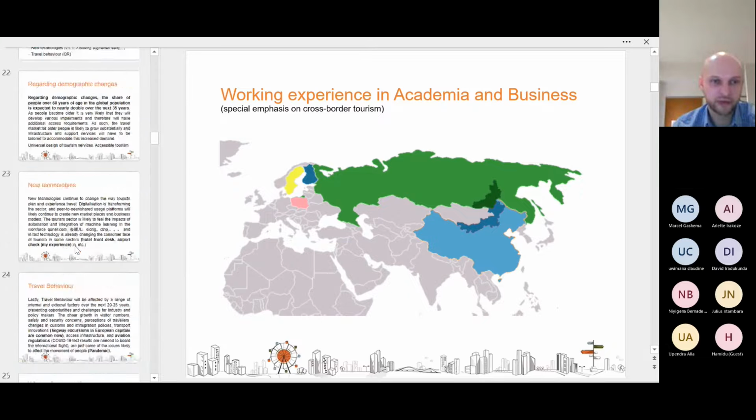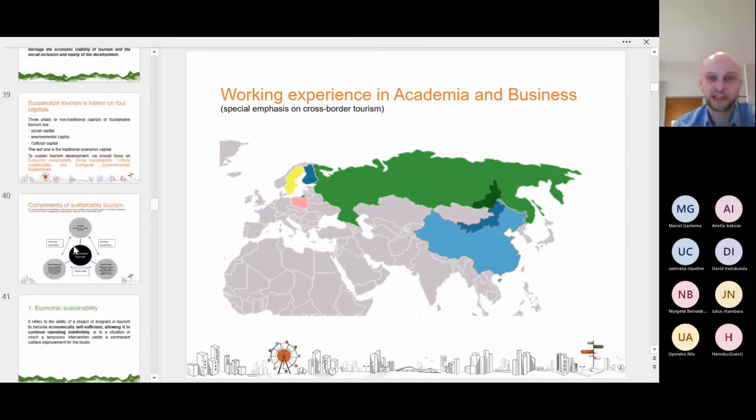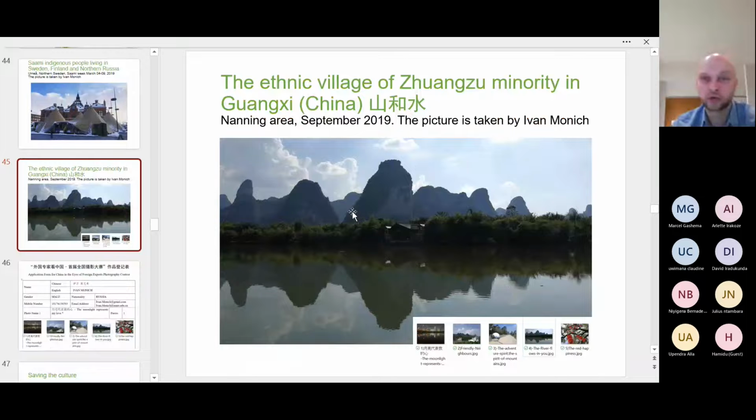Let me go back to this picture illustrating the intangible cultural heritage. So the Zhuang are a minority. By the way, there are 55 minorities in China, and the government supports the preservation of the traditional culture of minorities.